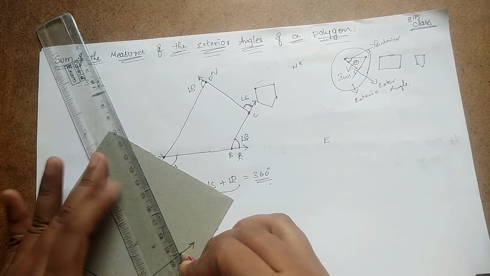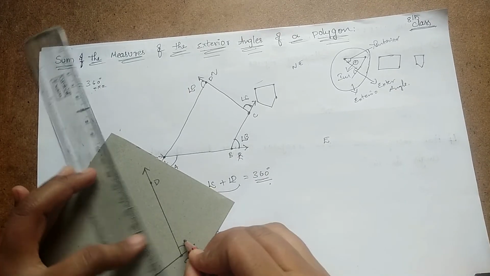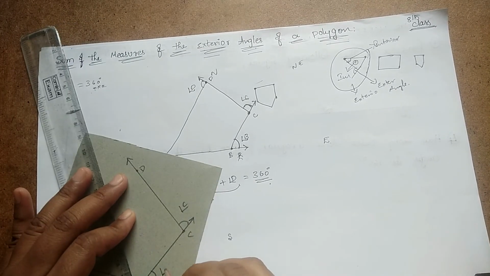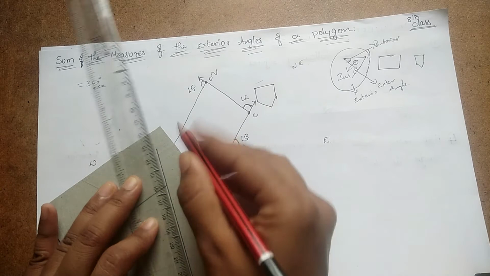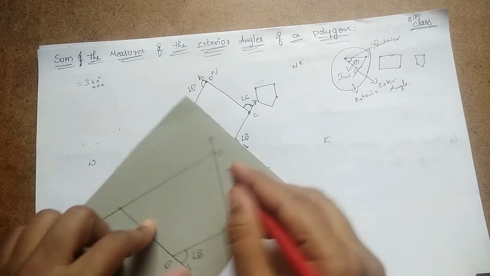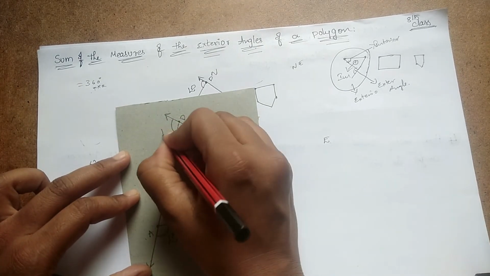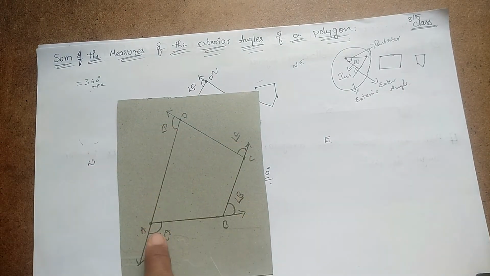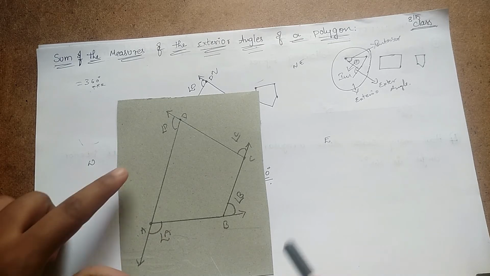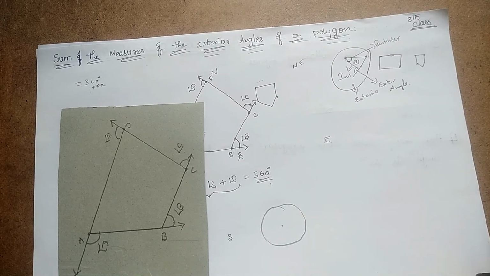Here also the same. This is point D, making some angle, that is angle C. This is angle B, and connecting the starting point, this is A, and this is angle A and this is angle D. Now I am going to cut these exterior angles, then I will arrange them around a point like a circle, and then we get 360 degrees, proving the theorem. So let's move there.